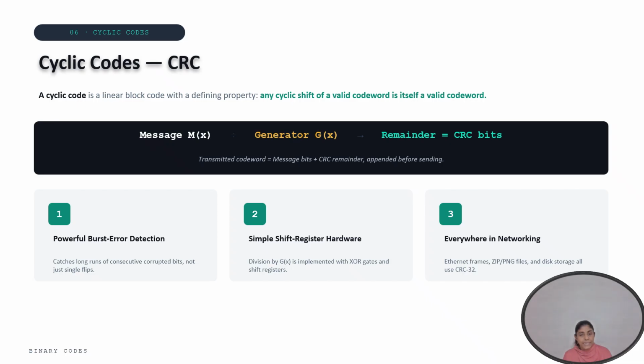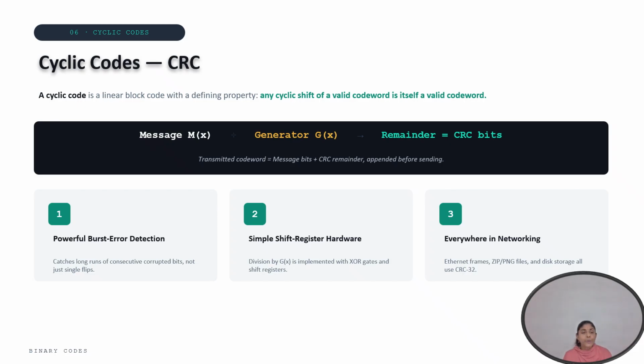One is the message M of x. Next is the generator G of x. Next, I have given the remainder, which is equal to the CRC bits. So how to generate the transmitted code word? Message bits plus the CRC remainder appended before sending. Before sending, you have to follow this part.